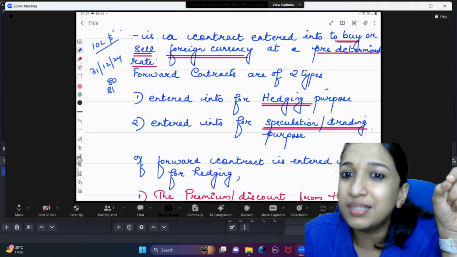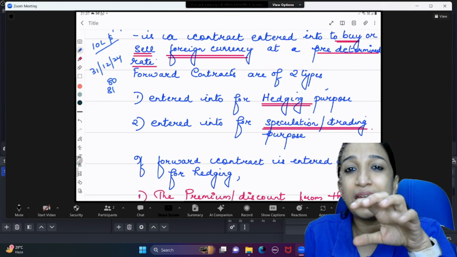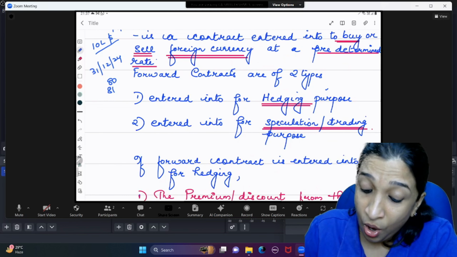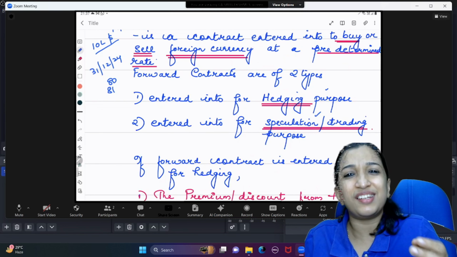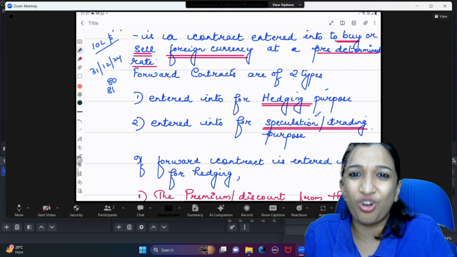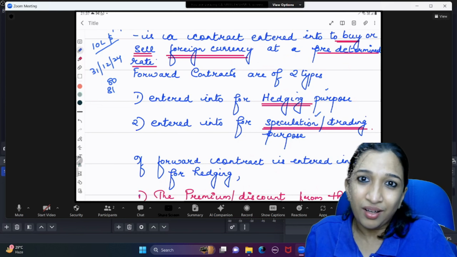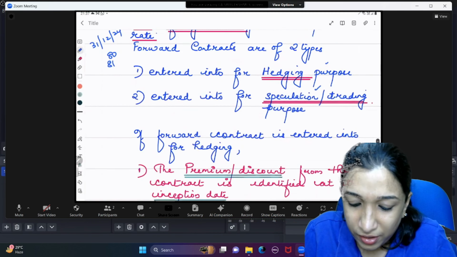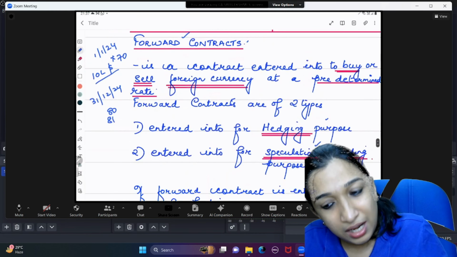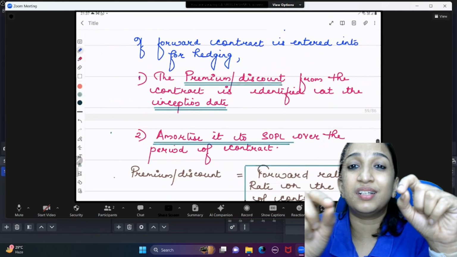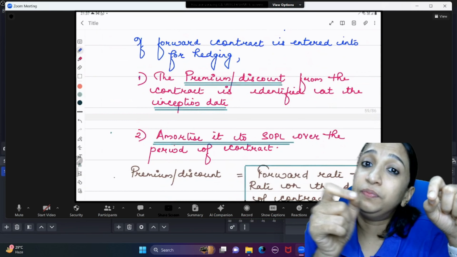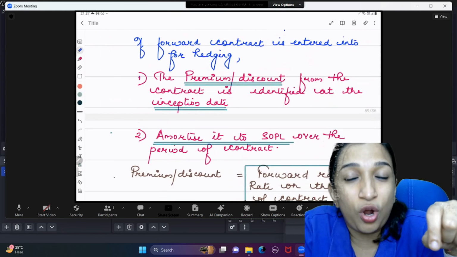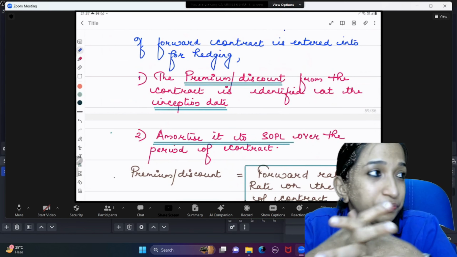The contract is entered into for hedging purpose. Or maybe this contract is entered into just for speculation or trading. So the accounting treatment of forward contracts depends on whether the contract is entered into for hedging or for speculation.